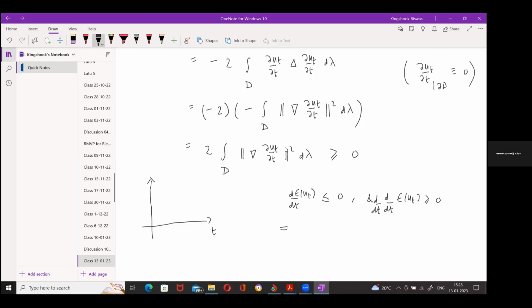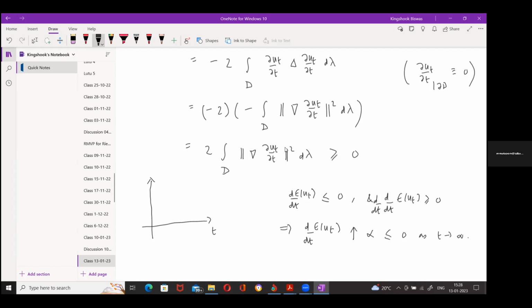Therefore, d/dt of the energy of u_t converges, increasing to some number alpha less than or equal to 0 as t tends to infinity.